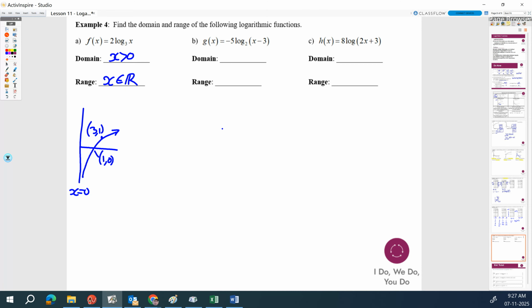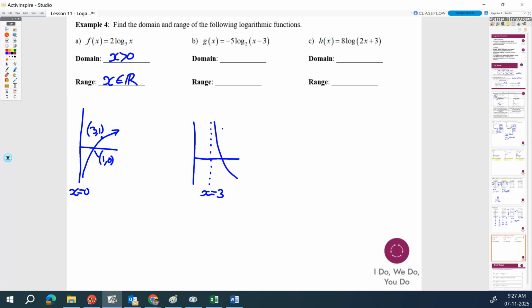Our second one, we have a horizontal translation. So is it going to move the vertical asymptote to the right or to the left? To the right. It's going to move it to the right. We're going to go to here. This is the line x equals 3. Is the function going to increase or decrease? It's going to decrease.